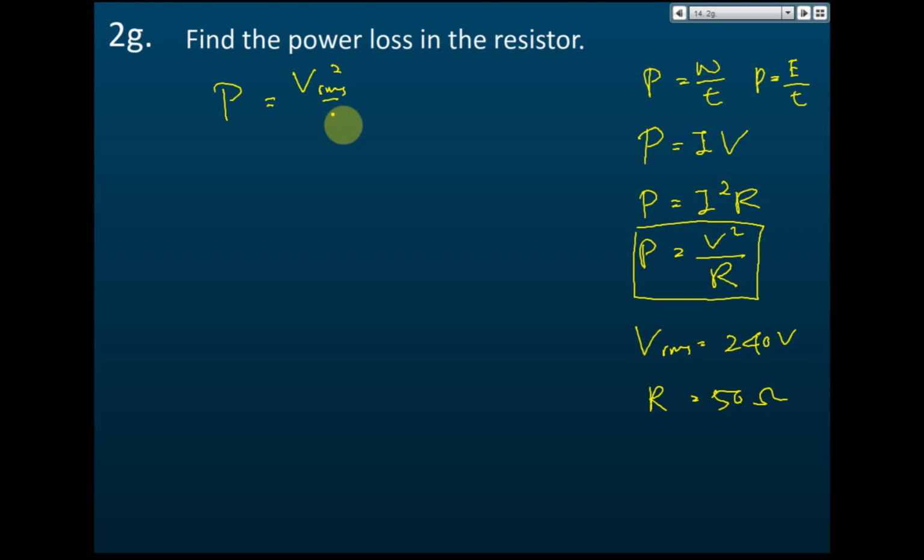You cannot use the peak current to find the power. So P equals V RMS squared over R. The root mean square voltage is 240, we square it, divided by the resistance 50. So what's the power?